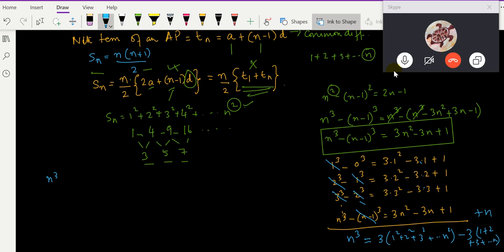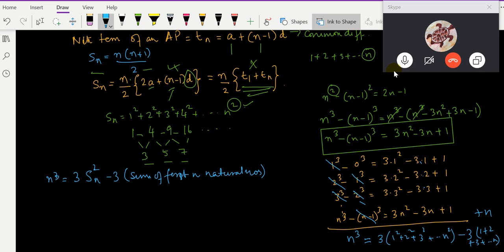So I can write this as n cube is equal to 3 into the sum that I'm trying to find out, sum of squares, right? Minus 3 into sum of first n natural numbers, right?